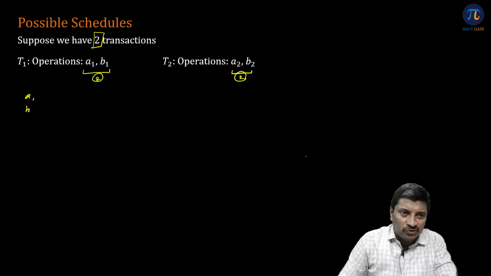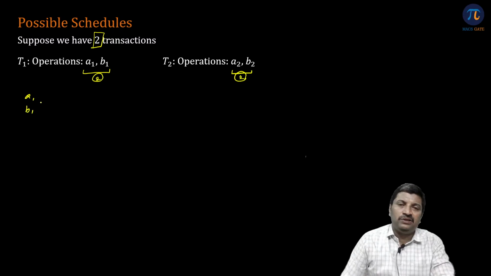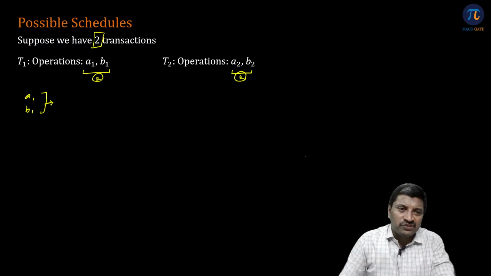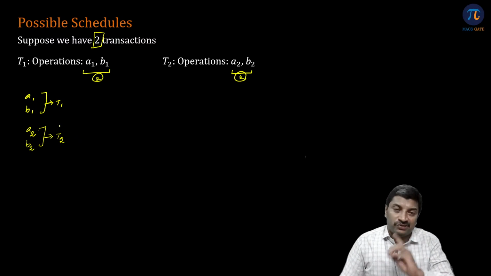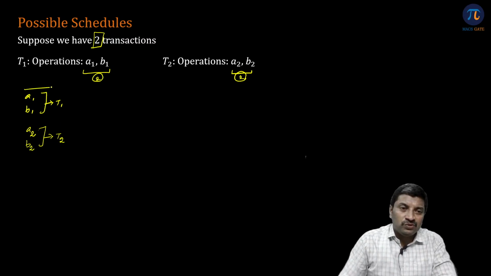Simply I can execute all the operations of the first transaction, followed by all the operations of the second transaction. This is one example of a serial schedule. Serial in the sense a transaction will start once we complete another transaction. So this is one example of a schedule.